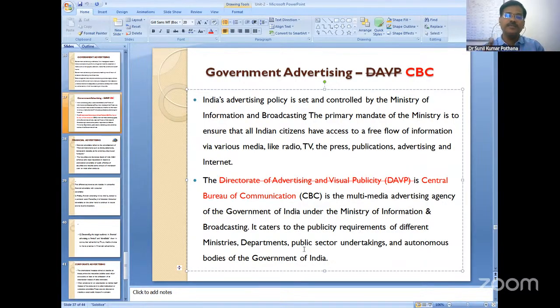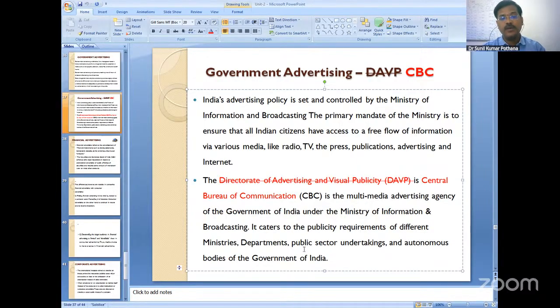There is again one division related to advertisements. The activities that DAVP did earlier, the same kind of activities, one division is now looking after.